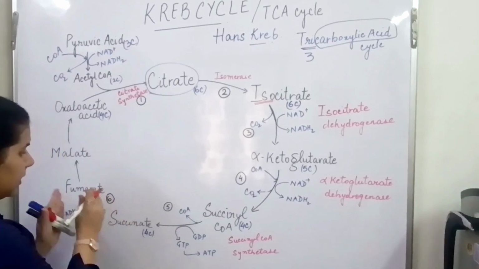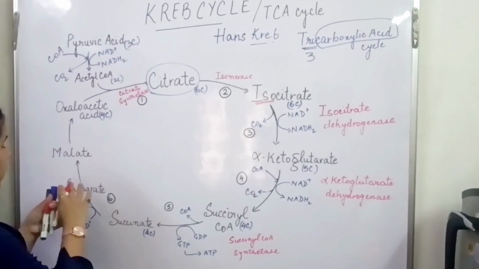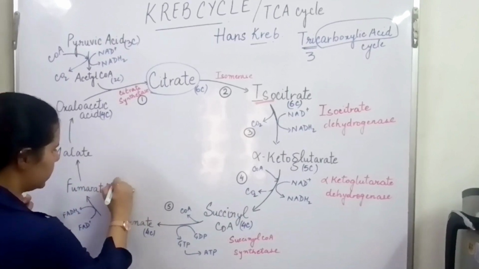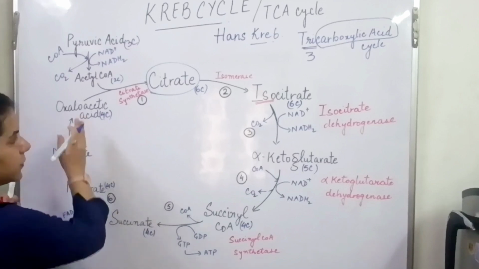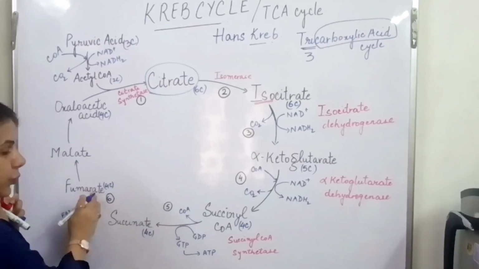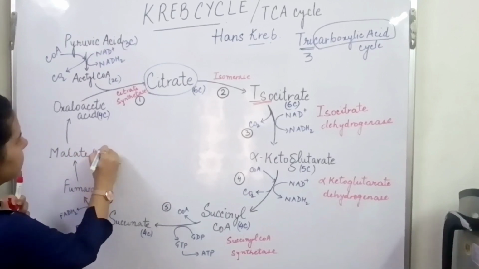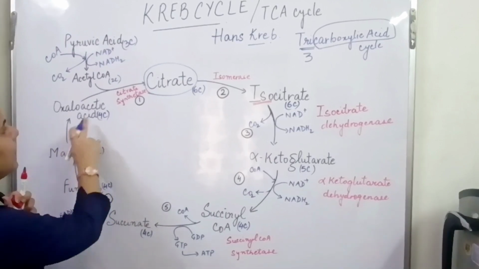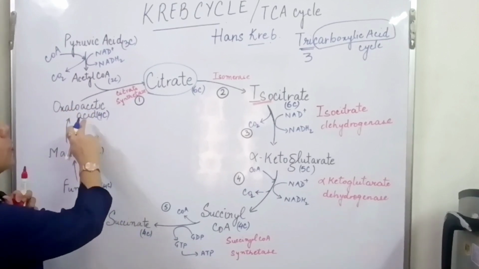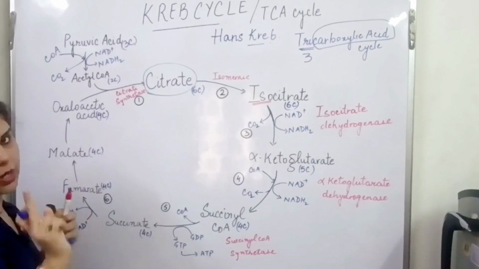Then, in this step, when succinate is being converted to fumarate, let me tell you, fumarate is also a 4-carbon compound. Now, from here onwards, we will only talk about 4-carbon compounds. Succinate is 4-carbon, fumarate is 4-carbon, another, you can see malate is there, it is also 4-carbon, and then the final oxaloacetic acid, which is the acceptor of acetyl coenzyme A, is again a 4-carbon compound.